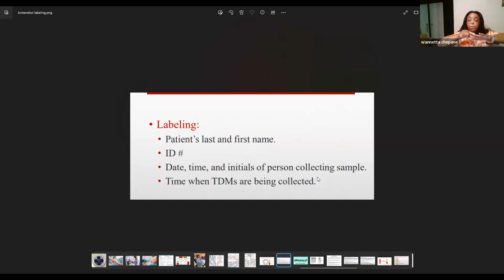You do have a paper that talks about labeling, and it shows you the actual blood tube and where the label goes, which we will also do on Saturday. Just keep in mind that labeling is very important. You want to be sure that you label your tubes appropriately and put the phlebotomist's initials, who drew and collected the blood, and the date and the time.